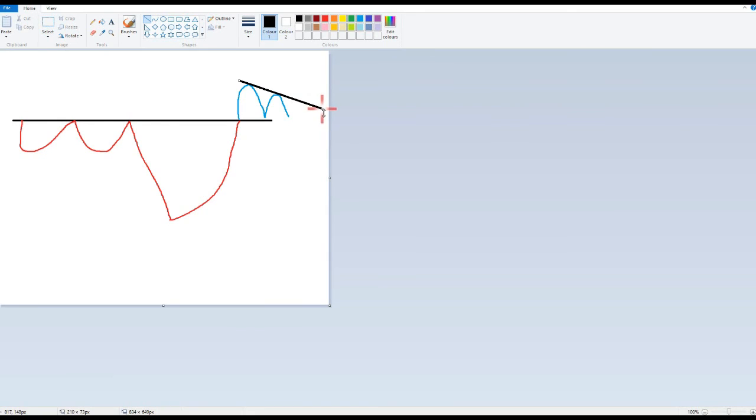Once you do that, then in the future, as the price moves, you will extend your lines and you will see that, oh, now we have a pattern here, we have a descending triangle, like in this case.